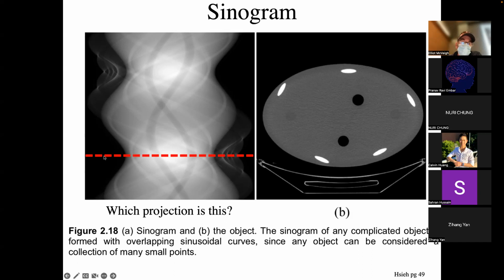So if I look at this red line and ask, if this is a projection or integration of the object, what angle is that? Now if we look over at the object, I can get some clues, right? If I look at the boundary of the outside of the object at different angles, then the two angles that are straight down and straight up are going to produce the widest projection.